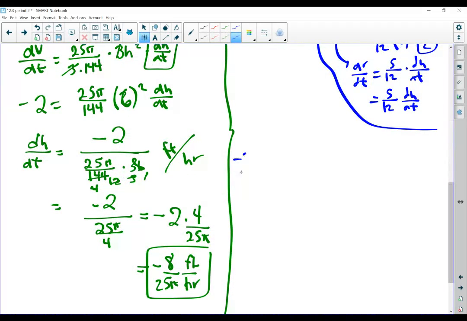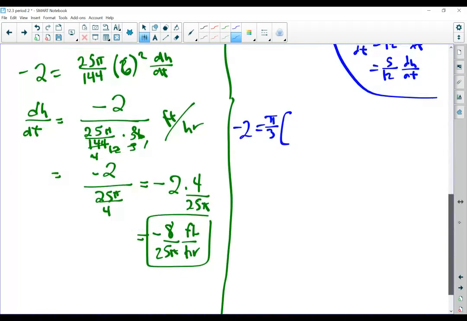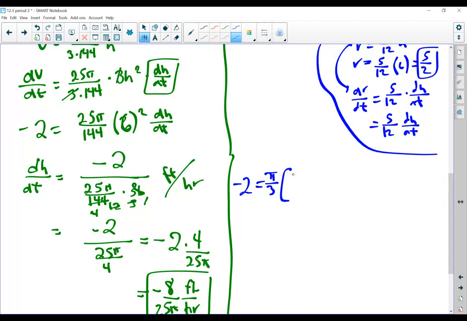So dV/dt is -2. I have pi over 3. And then I have r, which is 5 over 2 squared times dh/dt, which is what I'm looking for, plus h, which is 6, times 2r, which is 5/2, and then dr/dt is 5/12 dh/dt.